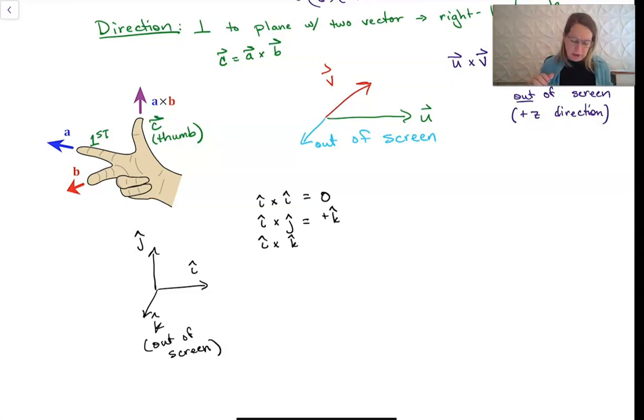So I can do I cross K, and then I get a minus J hat as we go along. Sorry, putting it in the window at the same time that I'm drawing, I think the directions get flipped a little.